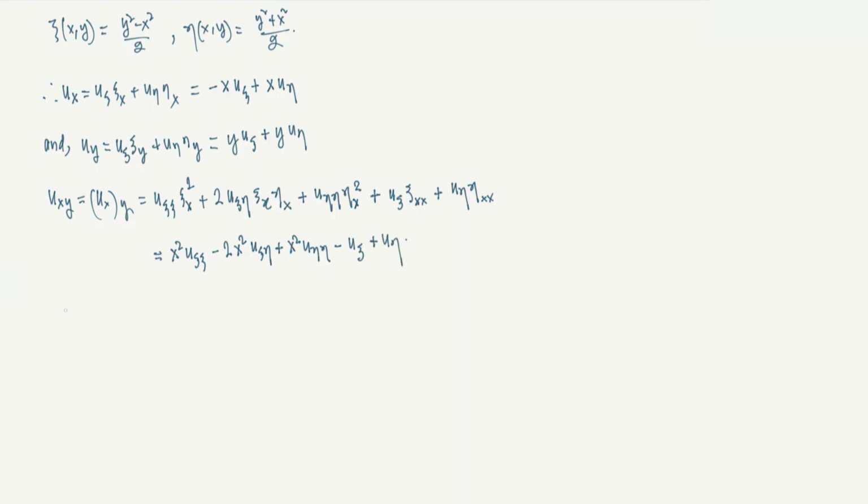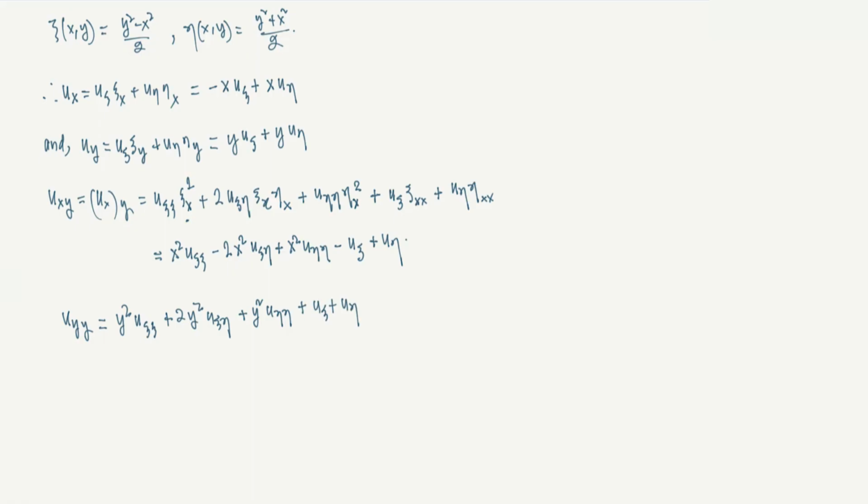And uyy is going to be similarly the same thing, but here the derivatives are with respect to y. So I am just directly writing it. Since xi y square is y square, it is y square u xi xi plus 2 y square u xi eta plus y square u eta eta plus u xi plus u eta.